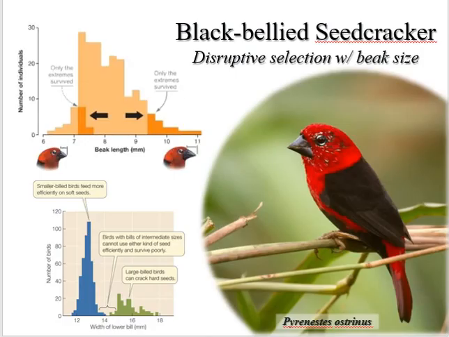So a great example of this is the black-bellied seedcracker. This is a species of bird found in Cameroon that exhibits non-sex related polymorphism in beak size.